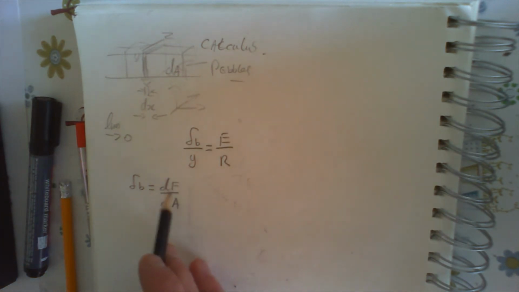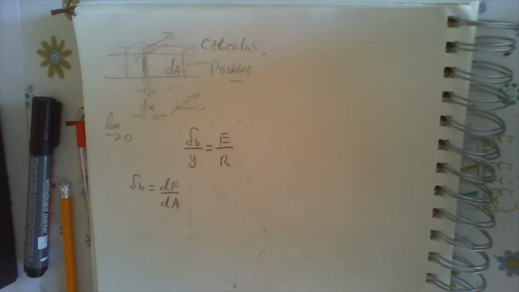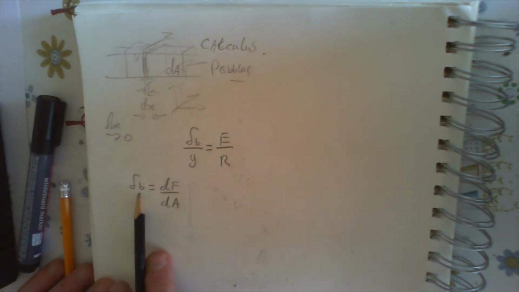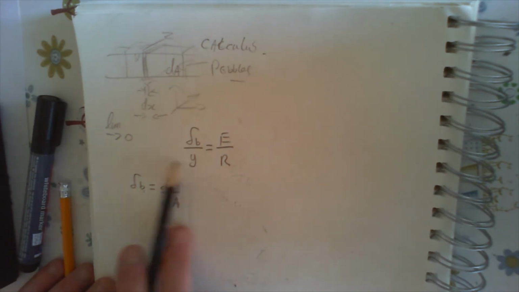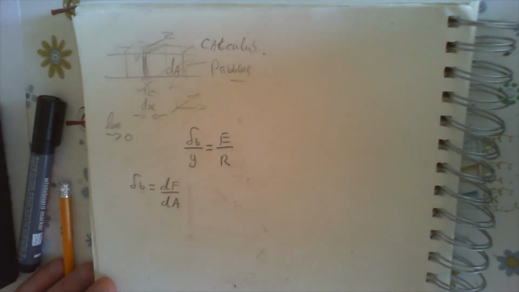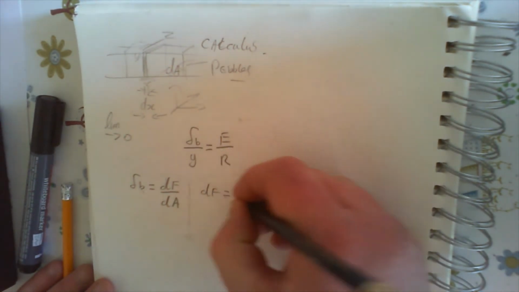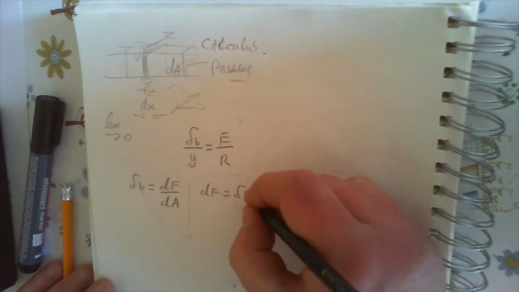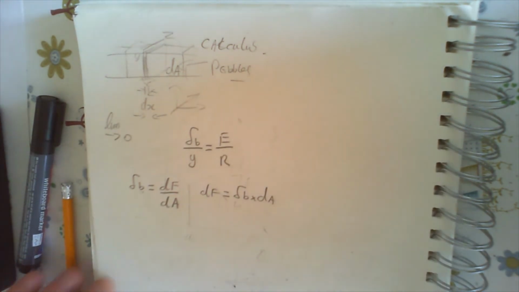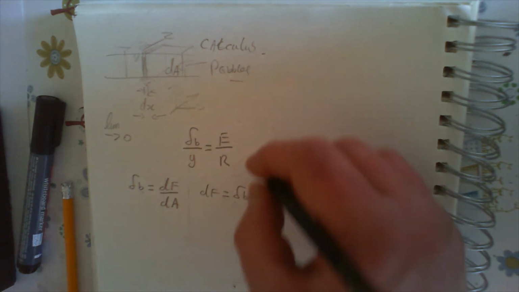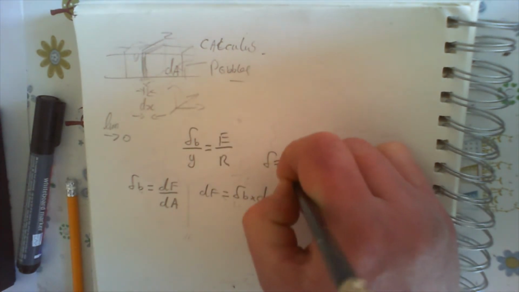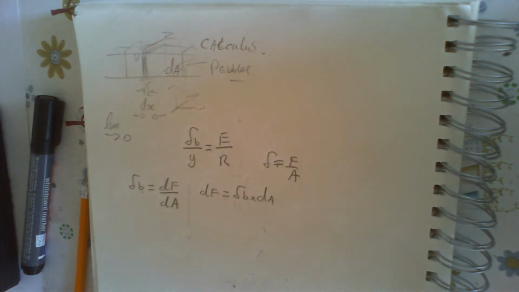That's the force applied over the area of the beam at the top. And what we want to say is, what would be the force required for that? So dF is going to equal the bending stress at y times the area there, because obviously stress equals force over area. You should be able to remember a lot of this from last year.